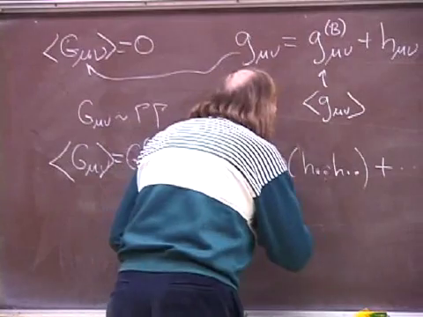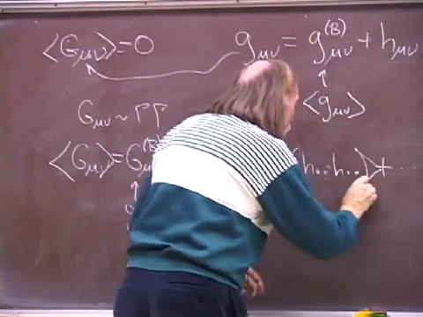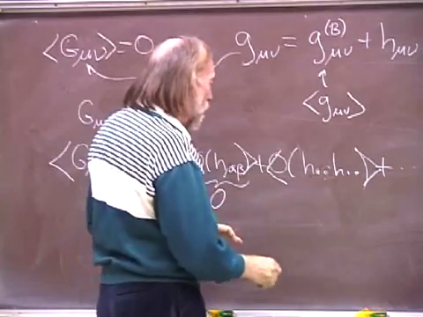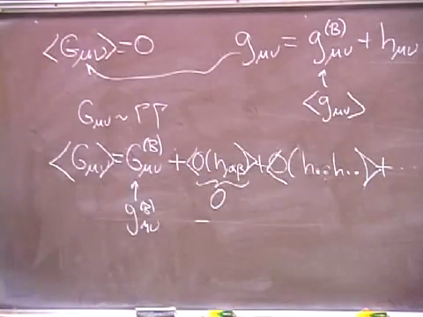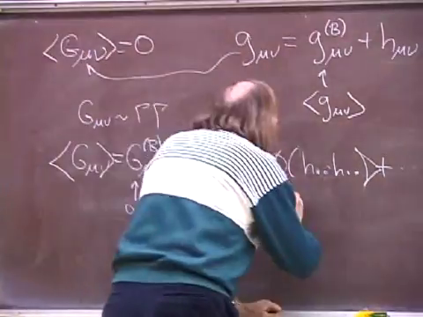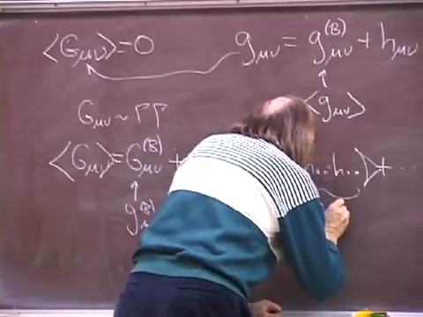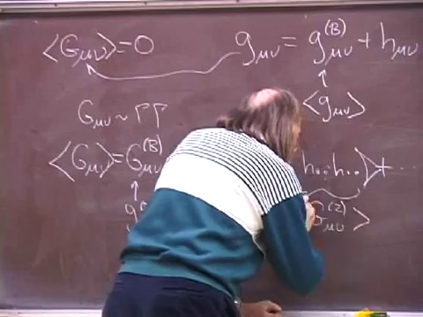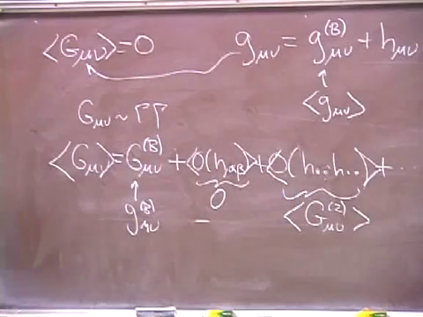And I will have, however, something that is an average of something that is the square of an H. And this piece I'm going to call G2 mu nu average. It's the piece of G that is quadratic in H. It's quadratic in the metric perturbation.